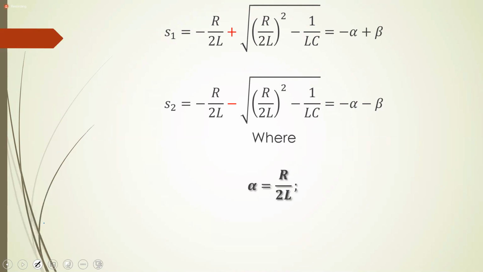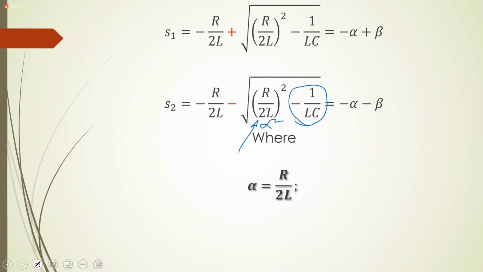So that's simplifying that or writing it properly. We have alpha is R over 2L. And if we look inside the bracket here, we see that this also represents alpha. So this would be alpha squared inside the bracket. And 1 over LC, if you go back to what we did when we were looking at resonance, this would be omega naught.